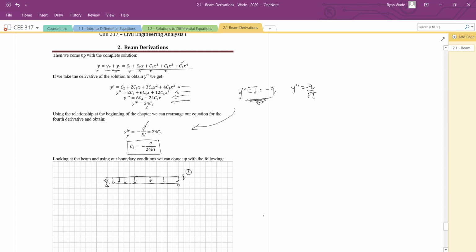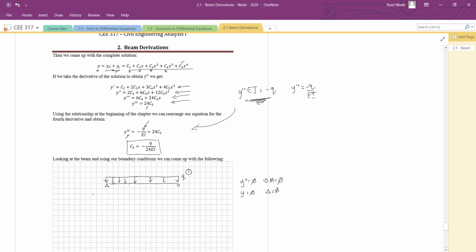If we go back and look at the simple supports, remember the boundary conditions for a simple support were that y double prime is equal to 0, so our moment is equal to 0, and that y is equal to 0 because our deflection is equal to 0 due to the support.